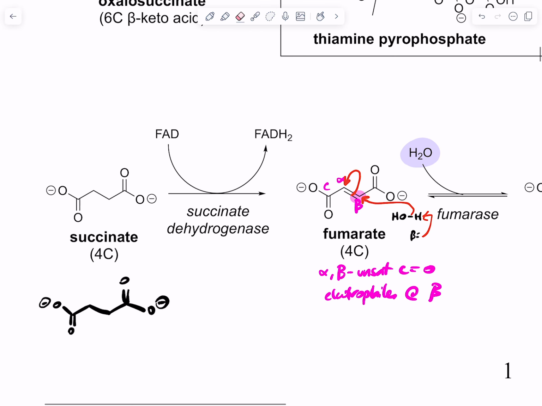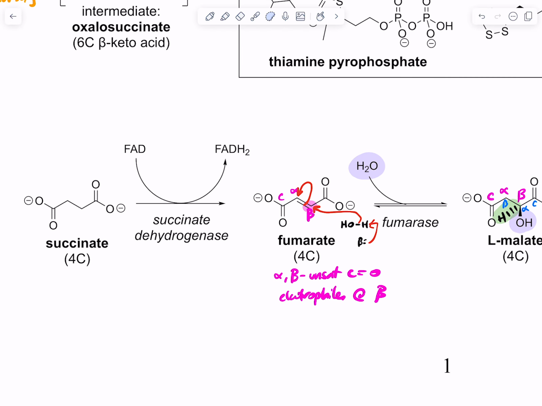We're going to start with succinate, which is a 4-carbon diacid. And ultimately, we want a ketone on one of those carbons in the middle, so that can be oxaloacetate. So that's going to require some oxidation. And this happens in 2 different oxidation steps and an addition step.